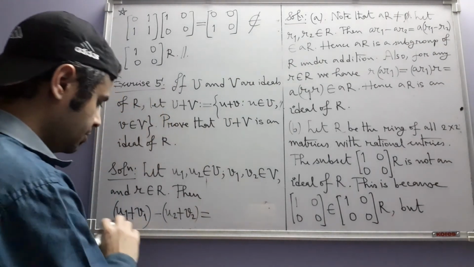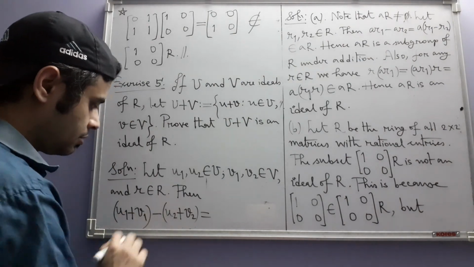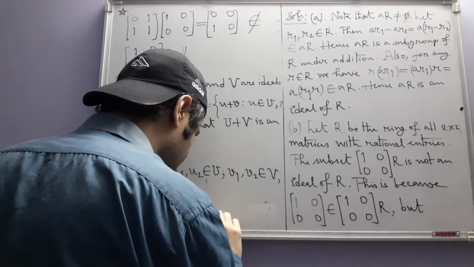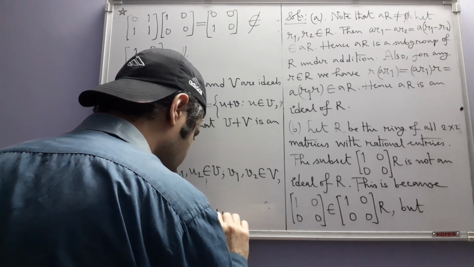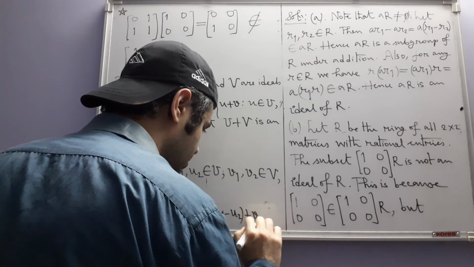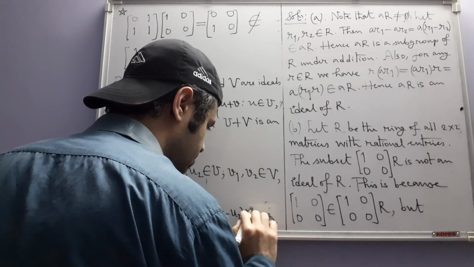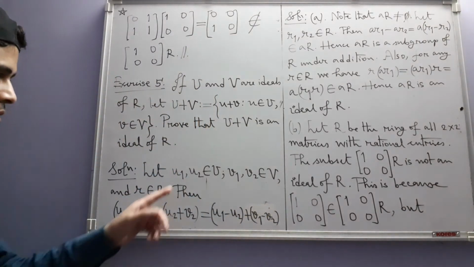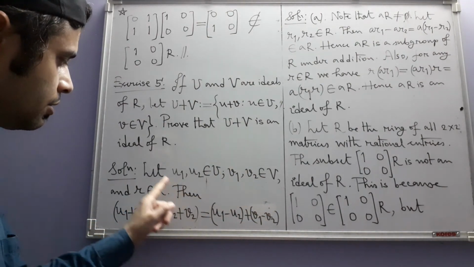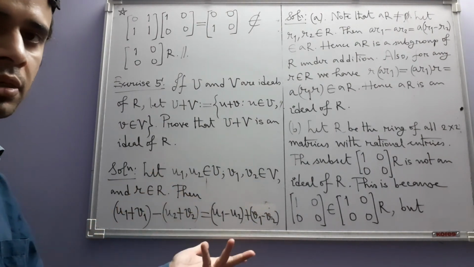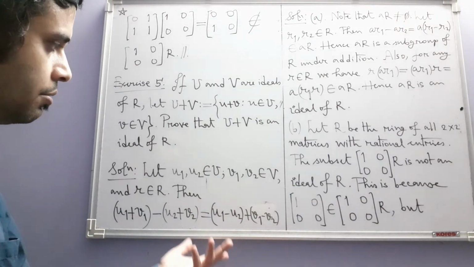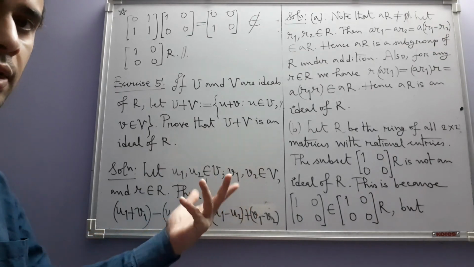And using basic calculations in a ring, we can write it like this: U1 minus U2 plus V1 minus V2. Now since U and V are ideals in R, U1 minus U2 will be in U and V1 minus V2 will be in V, because these two are additive subgroups.